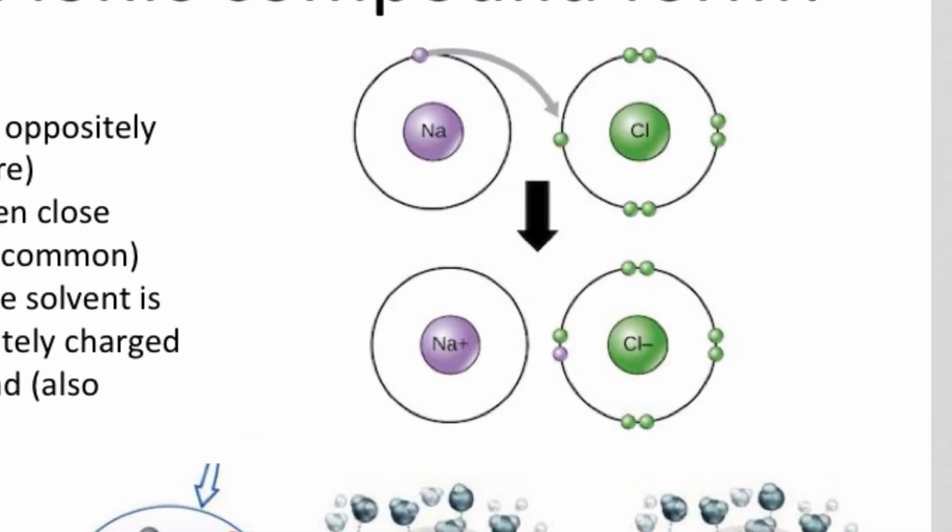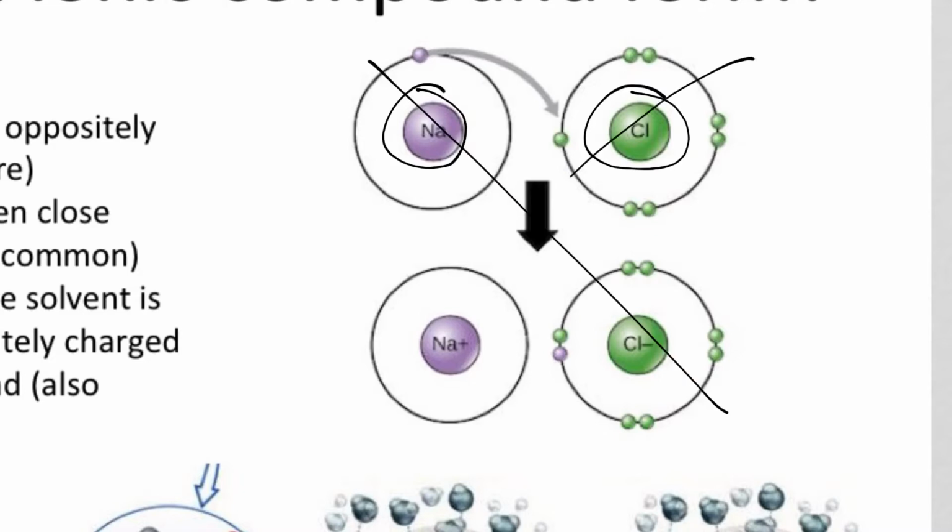Currently, before the electron is given up, this is a sodium atom and a chlorine atom. Sodium and chlorine are super reactive in any natural environment. They're not likely to be found as atoms. So this occurring would be extremely rare and under mostly man-made circumstances. So this one isn't really how ionic bonding occurs.